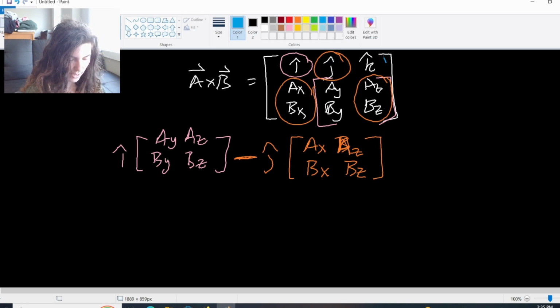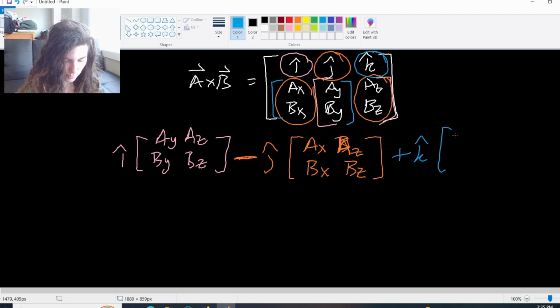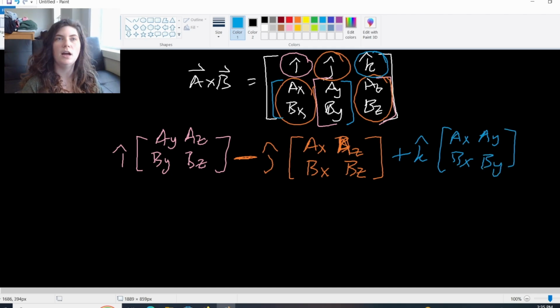And then our K hat goes back to normal, right? It's just going to be the plus K hat, matrix of AX, AY, BX, BY. And the way we do a matrix is we multiply across and then subtract the multiplication across.